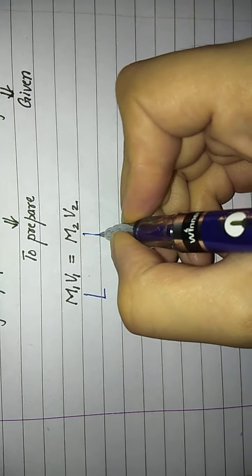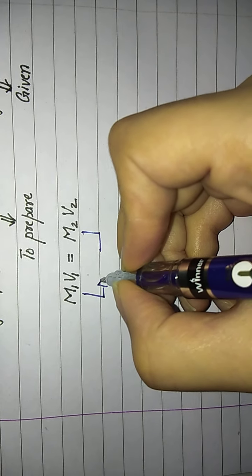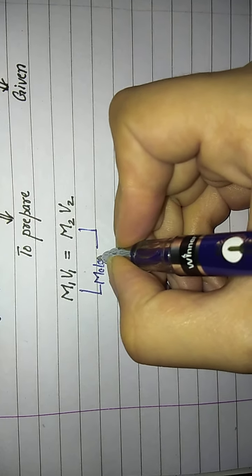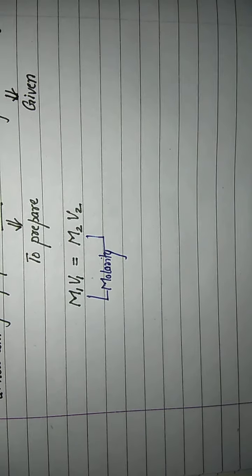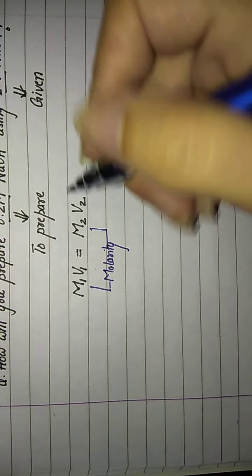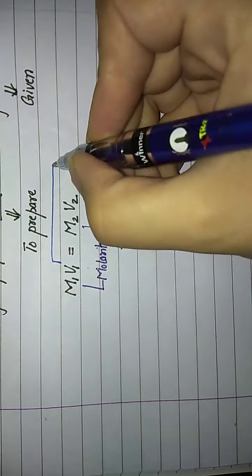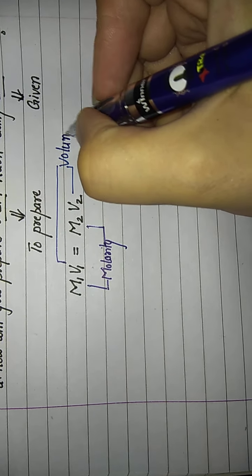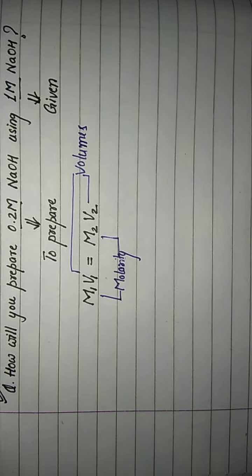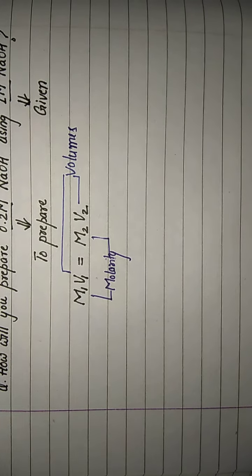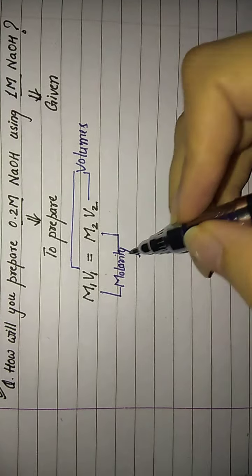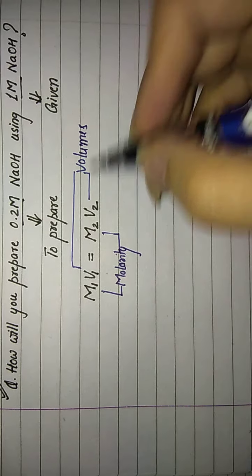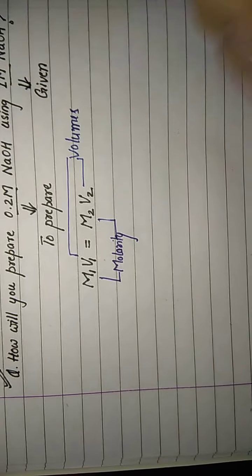Now M1 and M2 are the molarities of the two solutions, while V1 and V2 are the volumes of the two solutions, right? By M1 and M2 I mean molarity, and by V1 and V2 I mean the volume.